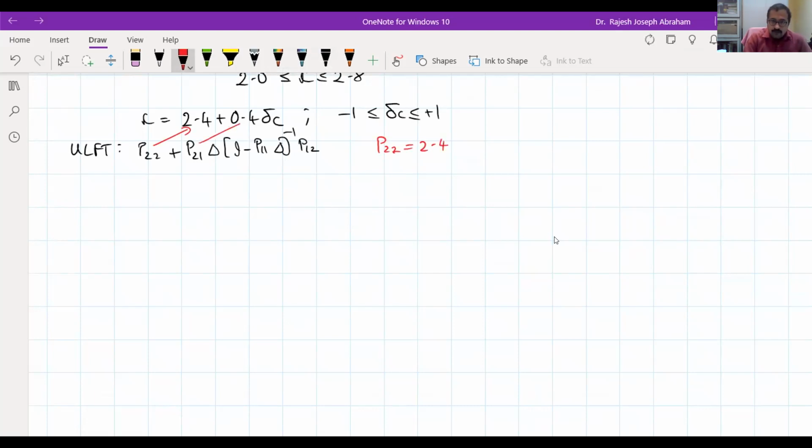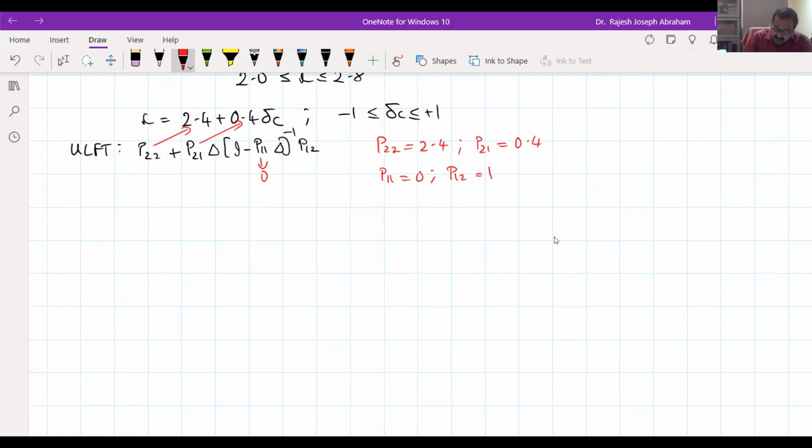P21 is 0.4. What is P11? If you compare with this expression, P11 is 0. And P12 is 1.